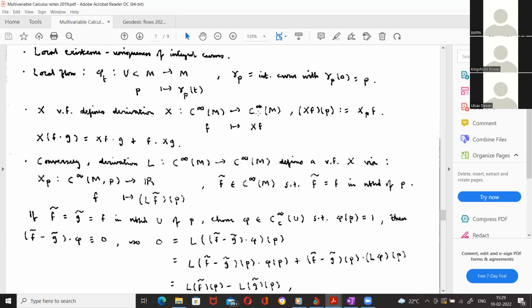And it's clear that because each X_p is a linear map from the tangent space to R, this map is linear in f. And also because X_p is a derivation at p, this map satisfies the Leibniz rule for the ring C infinity(M). In other words, X of f times g is Xf into g plus f into Xg. Right? Is this clear?